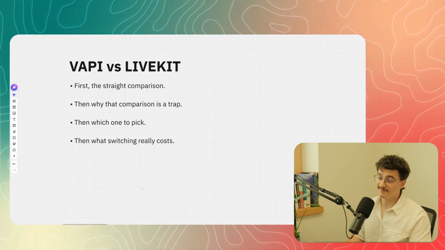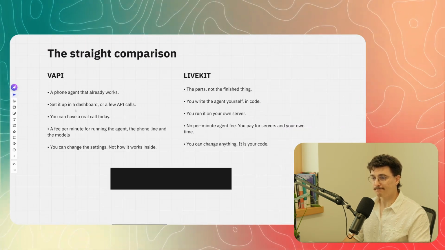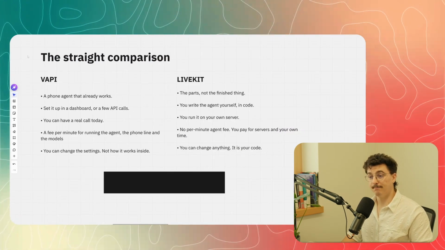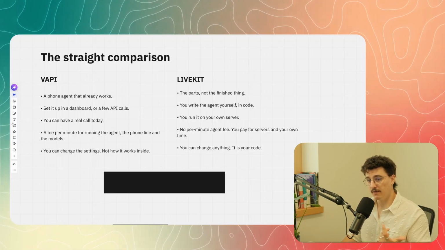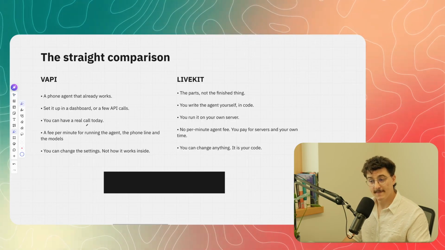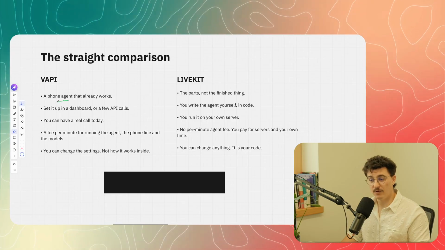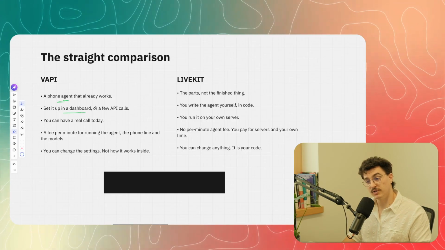Let's go. And today we will use this neat board right here to make the comparison. On the left we have Vapi, on the right we have LiveKit, and Vapi is basically a phone agent that already works. You can set it up, you can click around in the dashboard. I made a video about that.